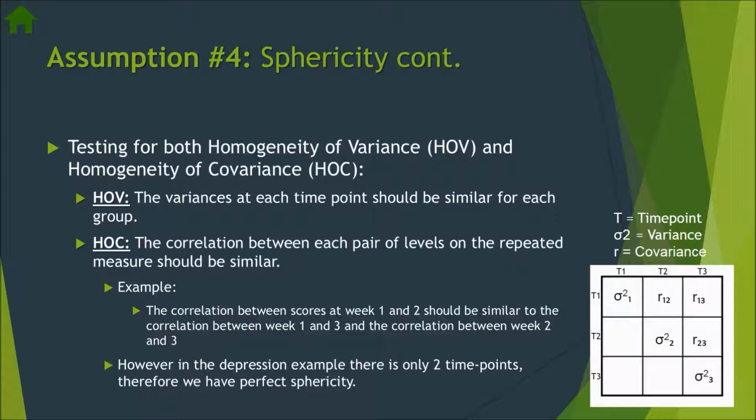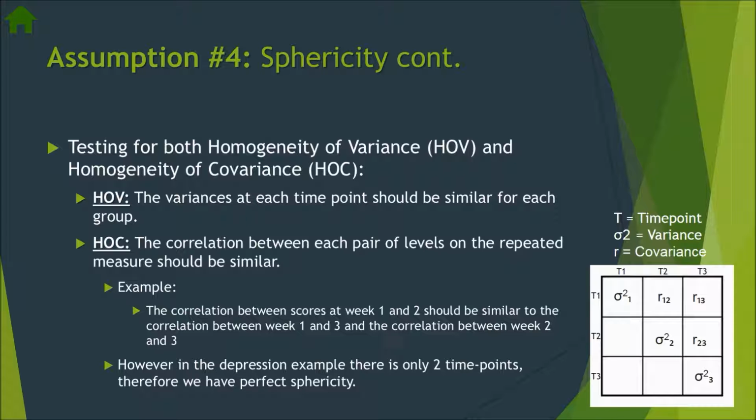So basically, we want to make sure that the correlation between time point 1 and time point 2 is similar to the correlation between time point 1 and time point 3, and that should also be similar to the correlation between time point 2 and time point 3. So that's homogeneity of covariance. It's that the correlation between each pair of the levels of the repeated measure are similar.